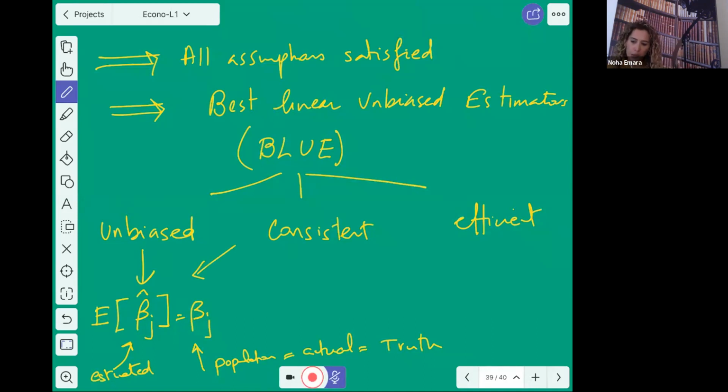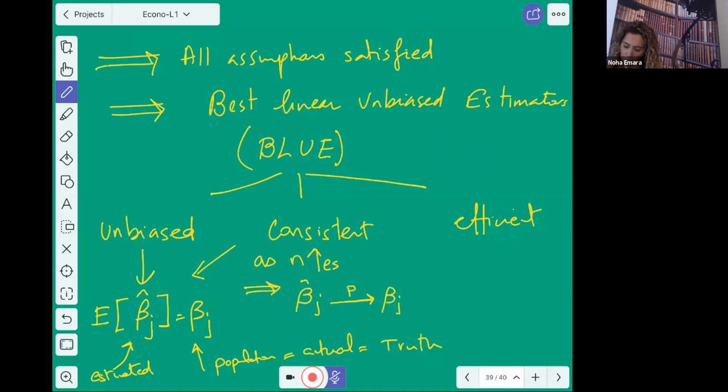So consistency adds that as n, the letter I use for the sample size, increases, beta hat j would be very close to beta j with a very high probability.